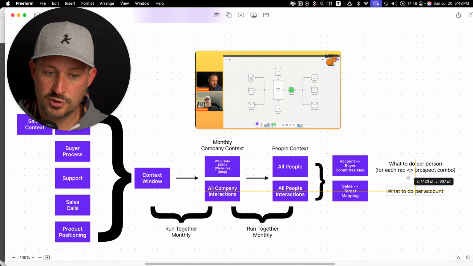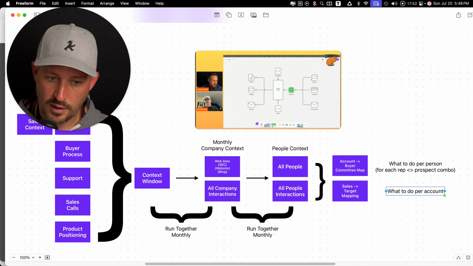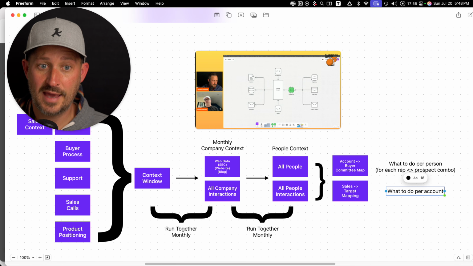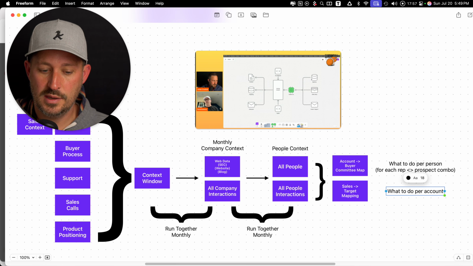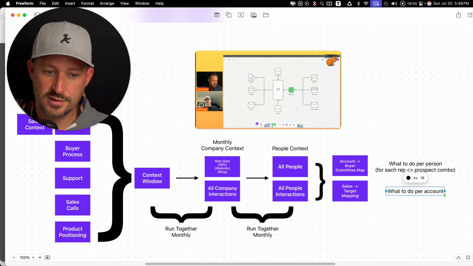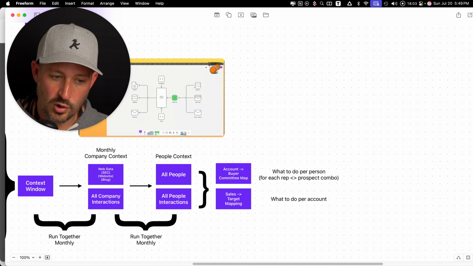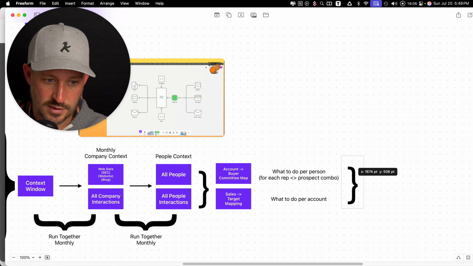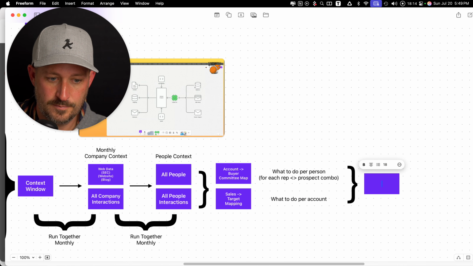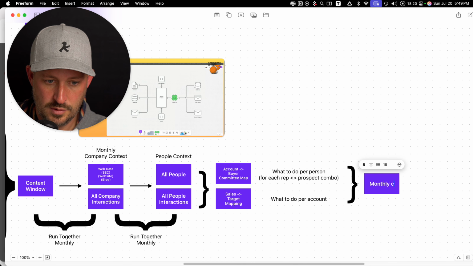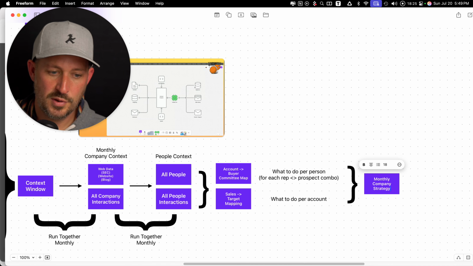And per account, this is what you might do on sort of a marketing level. So if you understand what is going on at the account level, this might be a good way to say, all right, for marketing, do X, Y, or Z. And what you might even do is roll this up into like a monthly company strategy.